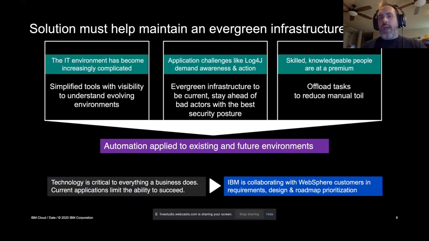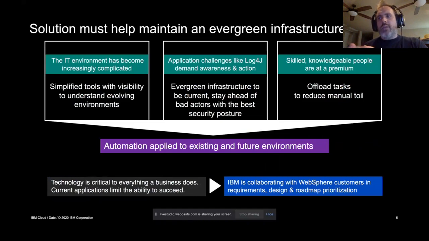And do all of that while offloading these manual tasks that we have today to reduce the manual toil, so that operations teams can stay focused on more interesting, more strategic activities like digital transformation projects or bringing cloud into the environment, whatever application modernization, digital transformation initiative is going on at your company.